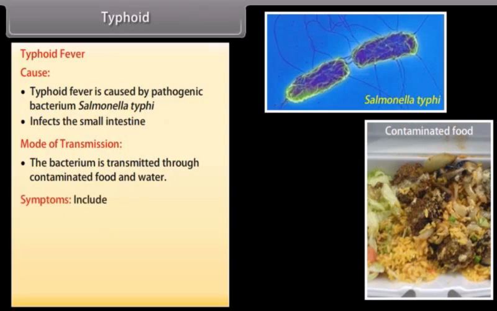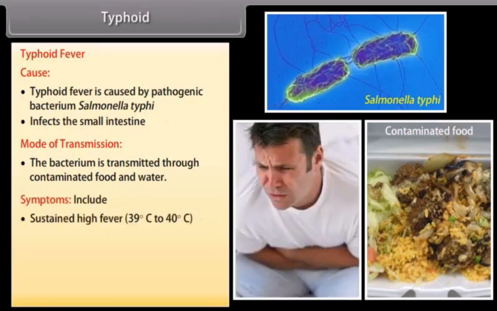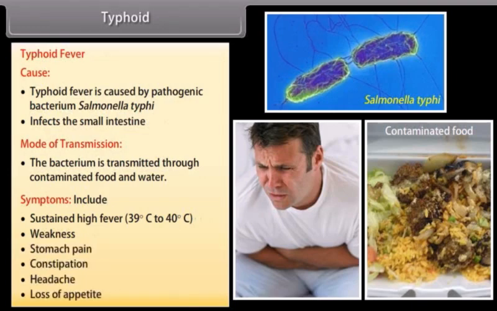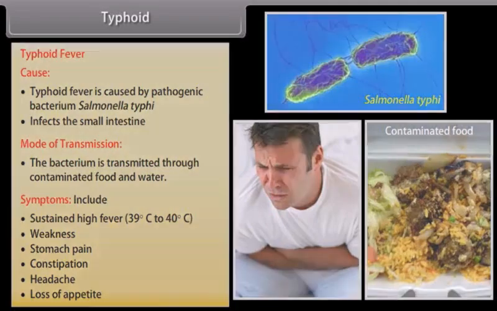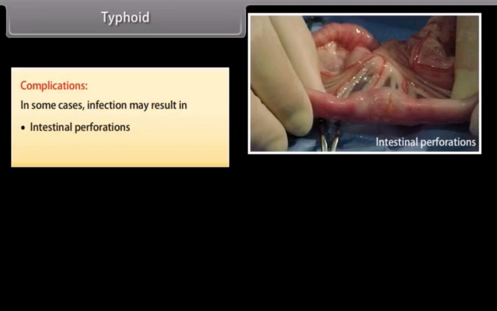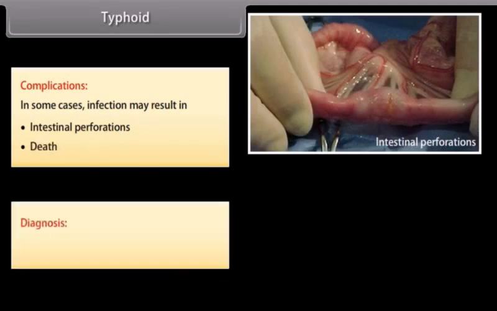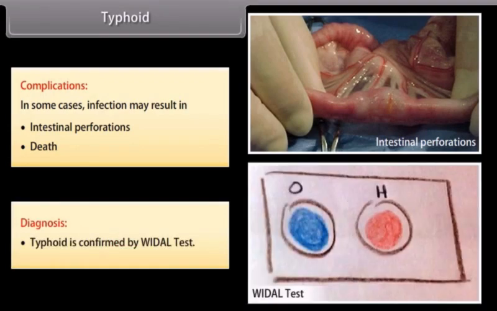Symptoms include sustained high fever of 39 to 40 degrees Celsius, weakness, stomach pain, constipation, headache, and loss of appetite. Complications. In some cases, infection may result in intestinal perforations, death. Diagnosis. Typhoid is confirmed by Widal test.